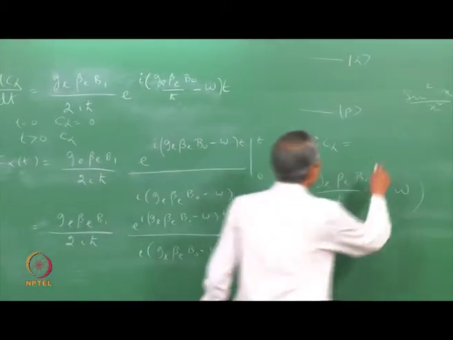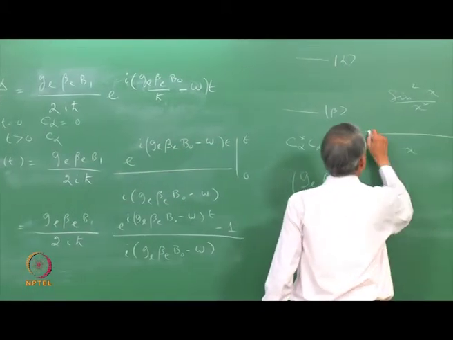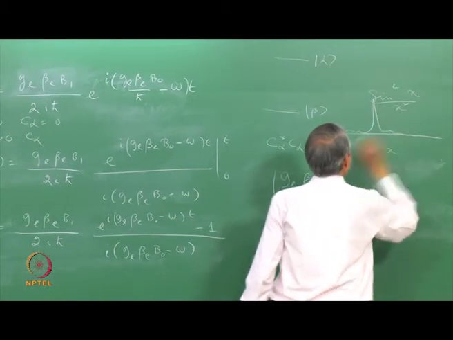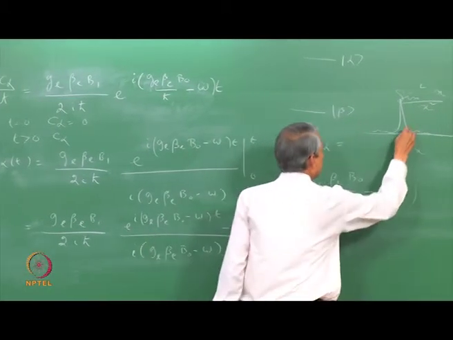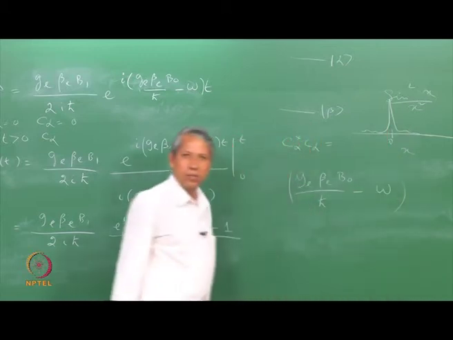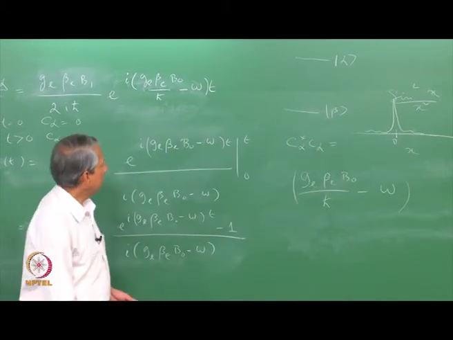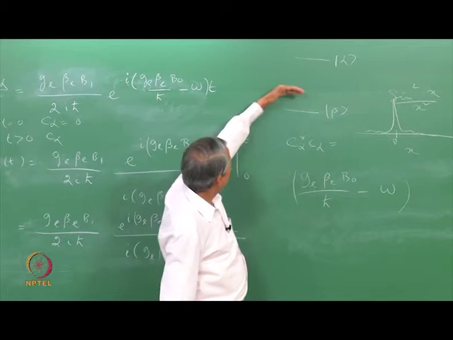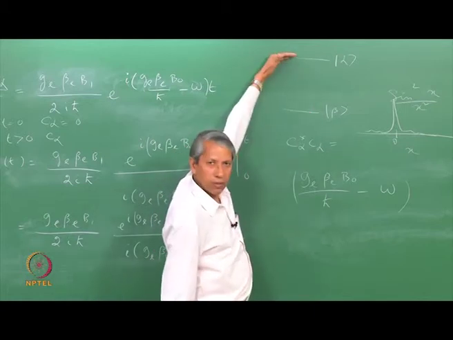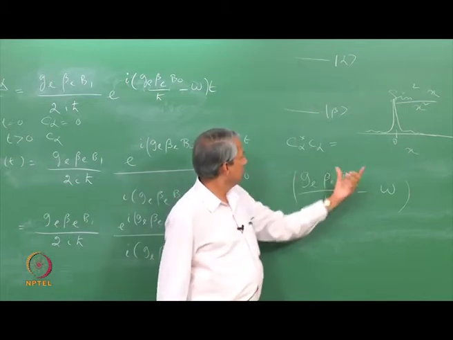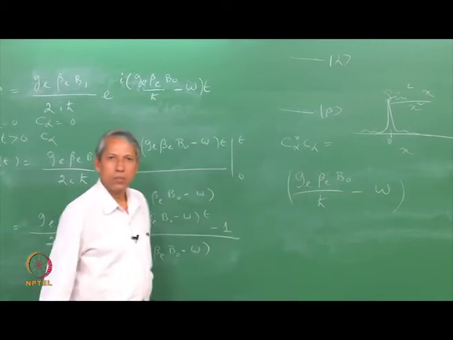So, this has a behavior as a function of x. If you plot it, it has this sort of behavior, that is, at x equal to 0, it has very, very large amplitude. The probability that the system will go from beta to alpha is very high when this argument becomes 0.